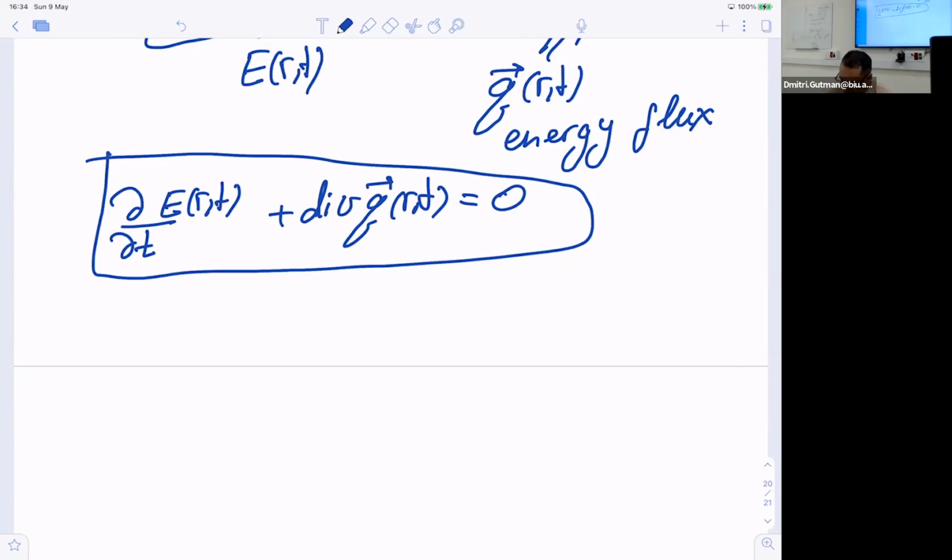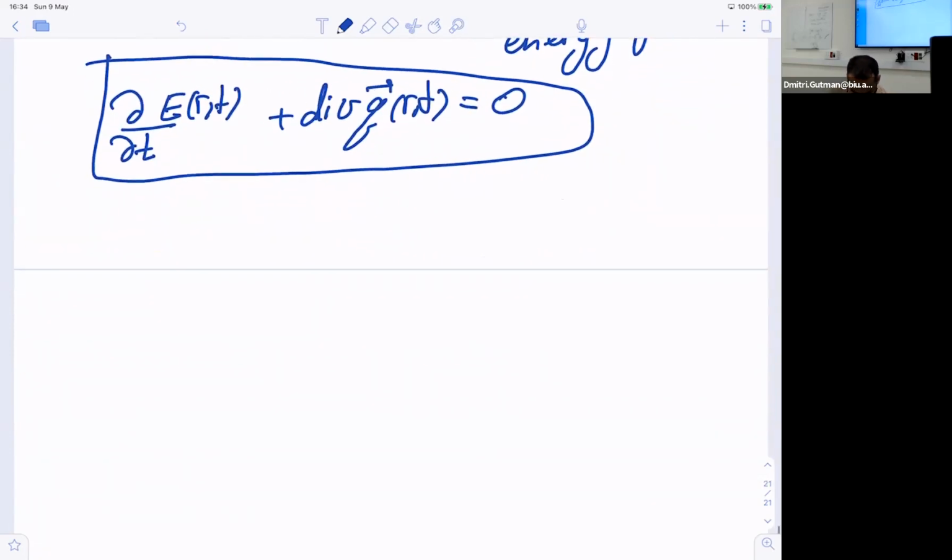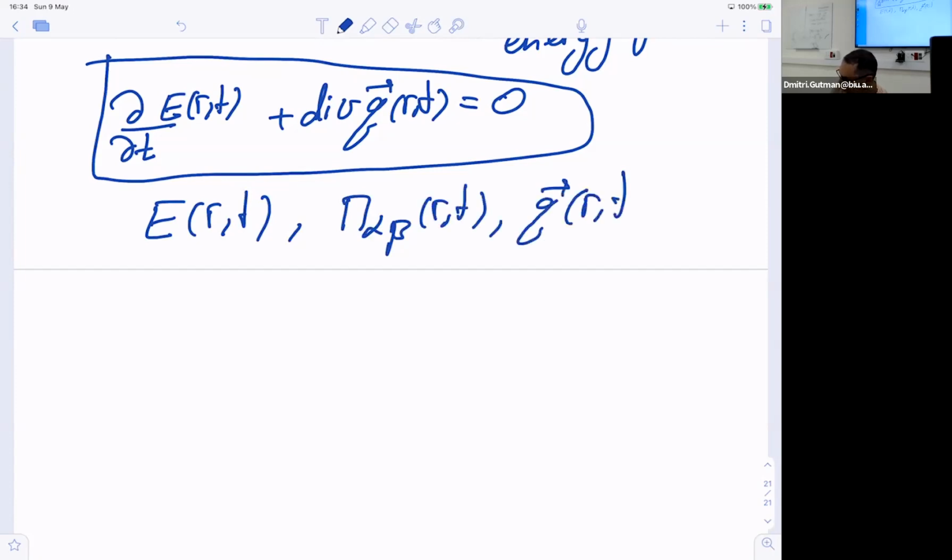However, what is lacking right now is that we need to relate these quantities to observable hydrodynamical variables. We just gave them names, but it's not very helpful. We need to connect them and write these objects in terms of the density and velocity of the fluid. Then we'll be in business of solving hydrodynamic equations.